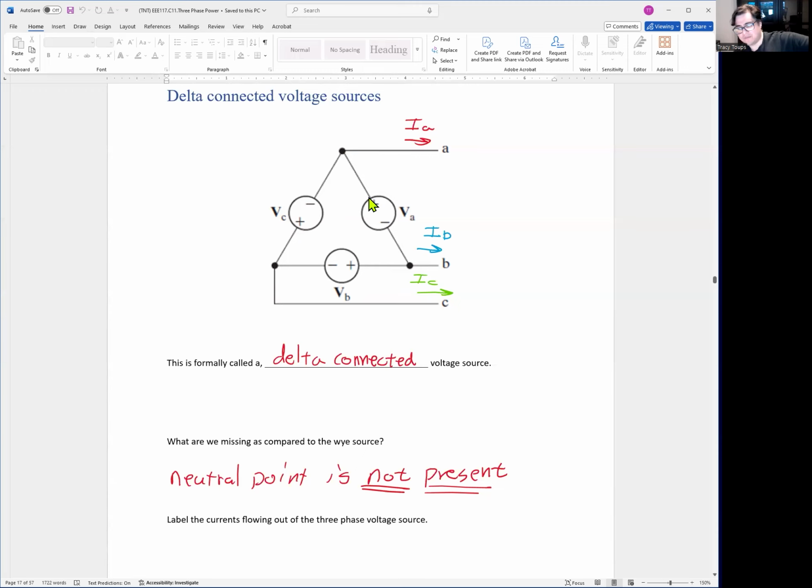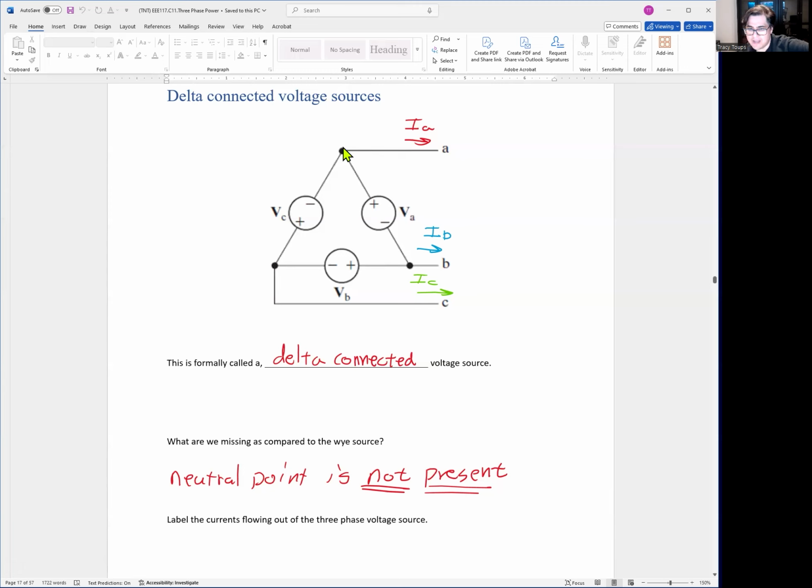Now, at each corner of the triangle, you could draw out a current and call this A phase, B phase, and C phase, IA, IB, IC. Okay, one big difference from a Y-connected voltage source is there is no neutral. So in a delta connected system, by definition, there is no neutral point because nowhere in this triangle are we summing up all three currents to 0 or all three voltages to 0.